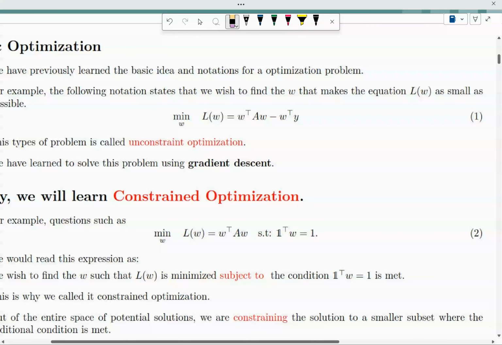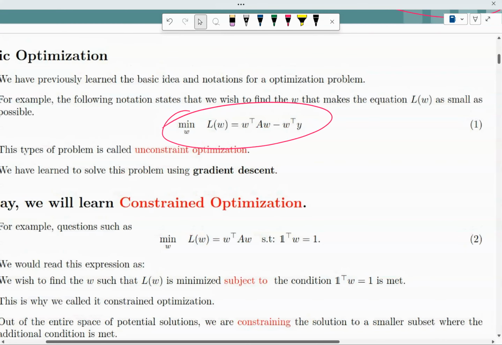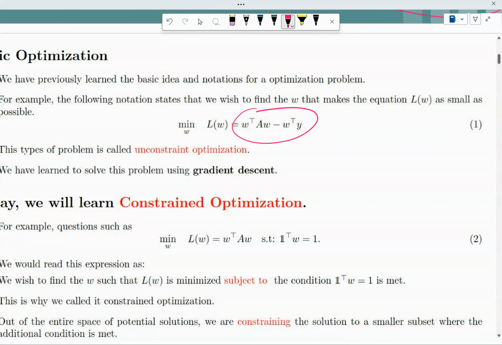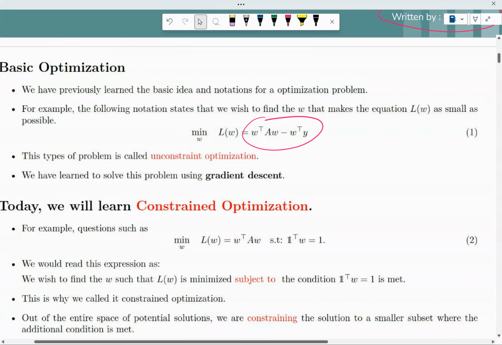That's what minimization is, and we've done this several times. It's straightforward if you can find a closed form solution. The idea is we take the derivative and set it to zero, and that allows us to find the closed form solution for this.